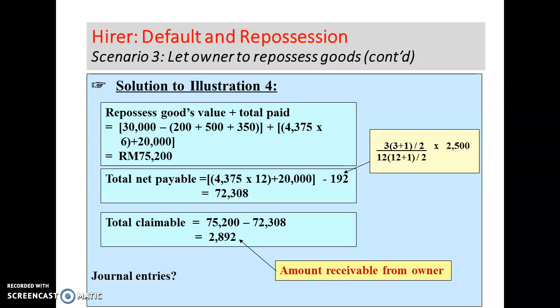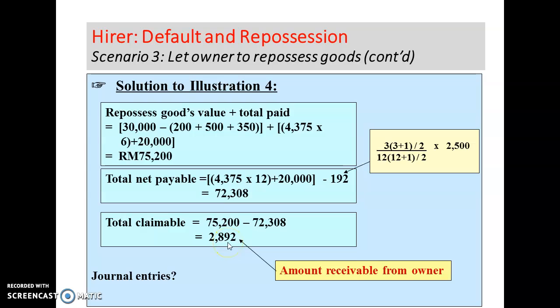In this case, if the repossessed value plus total paid is higher than the amount payable, it means that the hirer has paid more than what he owes, so the difference here will be paid by the owner. So the owner will pay these differences to the hirer.